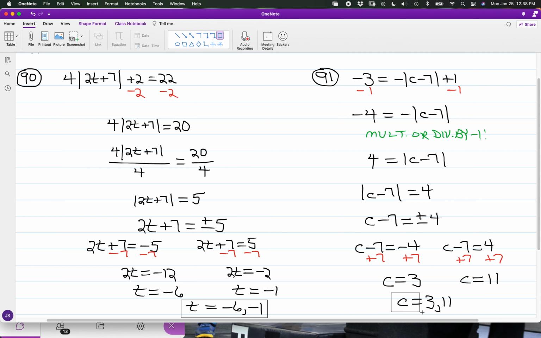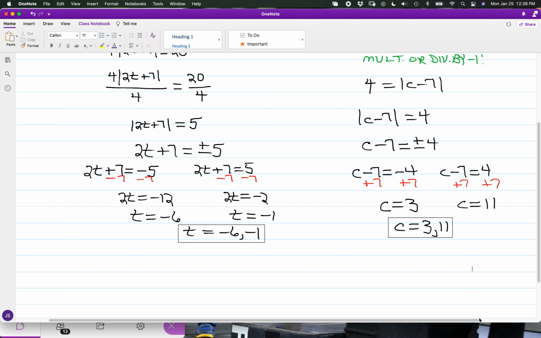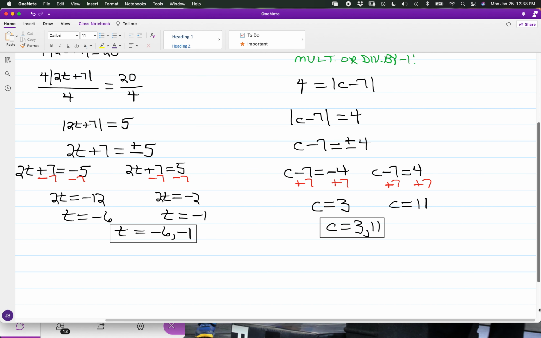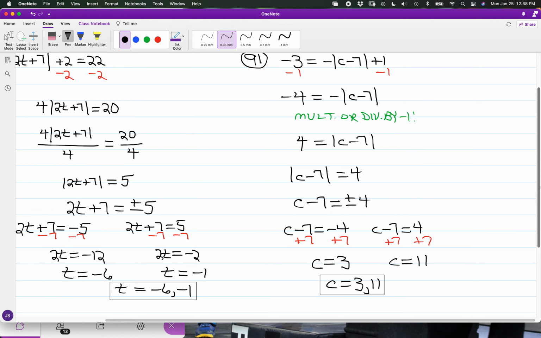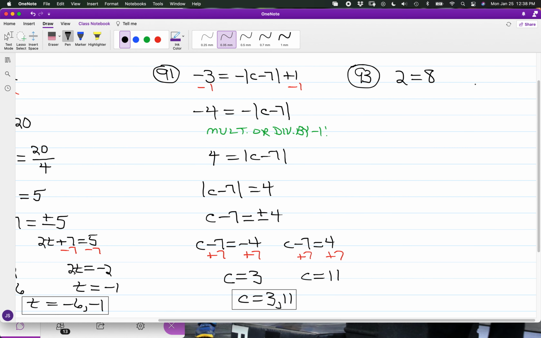In the case of number 93, this time we have the variable y to solve for. In this equation, we're looking at 2 is equal to 8 plus the absolute value of 11y plus 4.